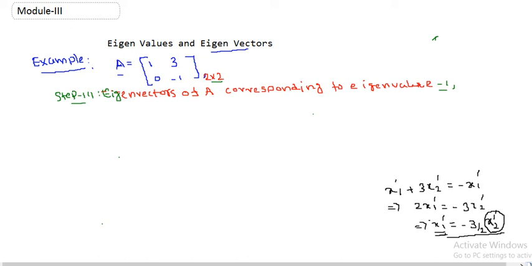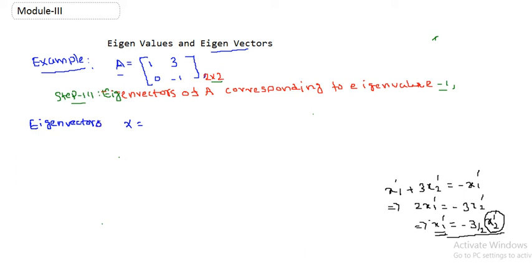So here we have the solution. All the solutions are the eigenvectors corresponding to the eigenvalue minus 1. So they are x1 dash and x2 dash.